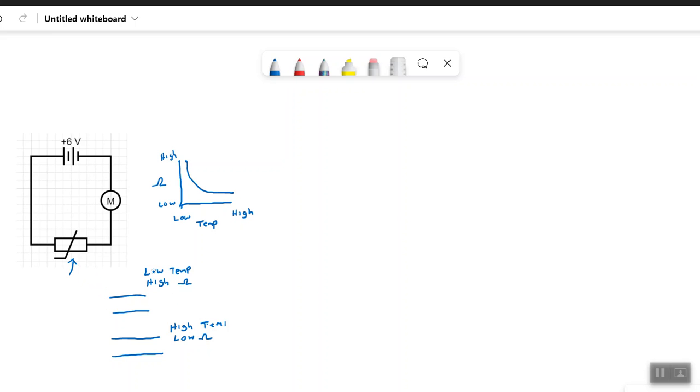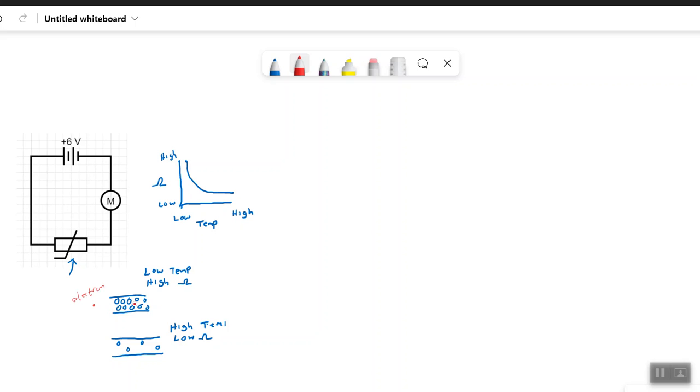So when the temperature is low, you can think about the resistor as being very resistant to the flow of electricity through it. And when the temperature is high, the resistance is going to be very low. So imagine this is our electron.